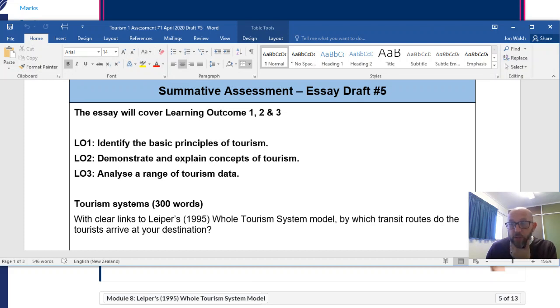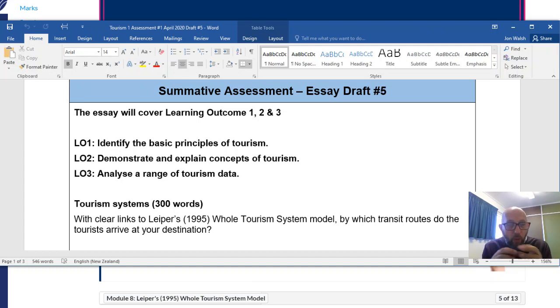I am going to publish all the stuff on Leiper and all the stuff on tourism systems, because I know there are a few of you that need it, and like I said, this is due on the 3rd of July, draft 5. So this is probably about 10 days before this assessment is due, and I'm recording this.